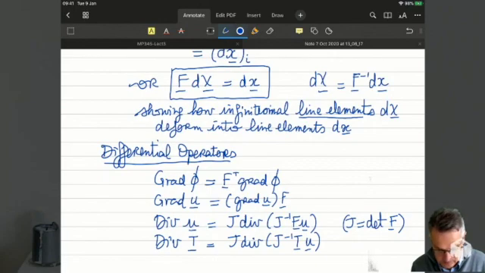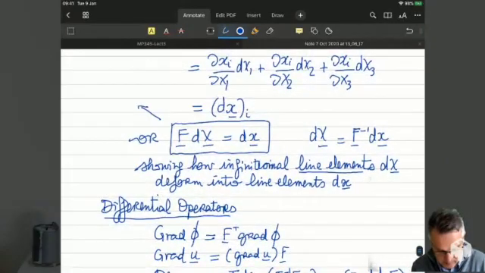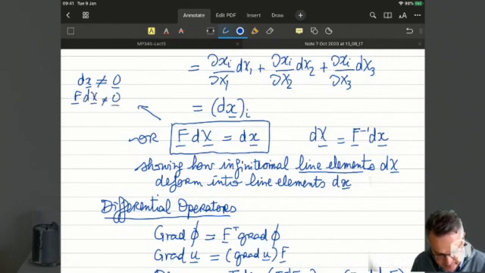Actually, yeah, I forgot to tell you, if you think of that box above, yeah, dX is not 0. A line element doesn't vanish, doesn't annihilate, and mathematically it means that d little x is not 0. So F dX is not a 0 vector.